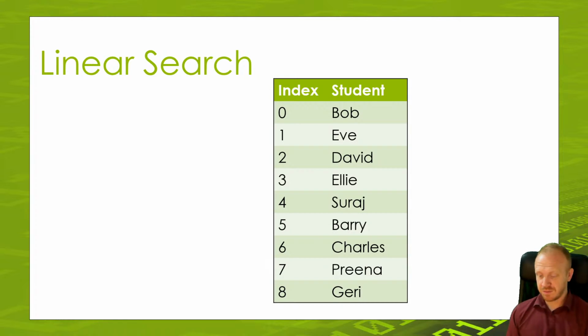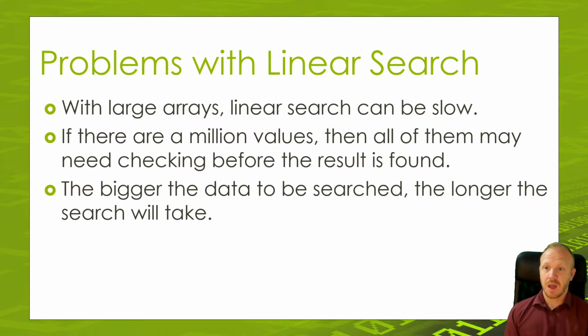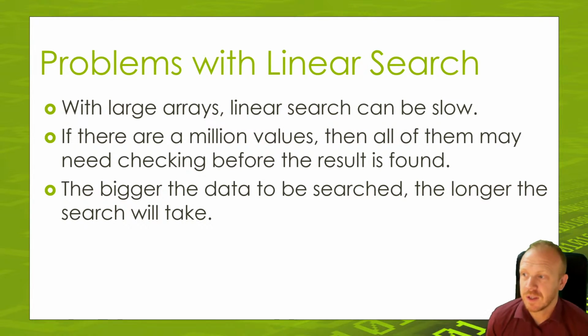It's a very simple system, very straightforward, but it has an issue. If you remember big O notation from a couple of lessons ago, a linear search is order of n. It's a linear increase. So that means the speed of operation increases with the size of the list.